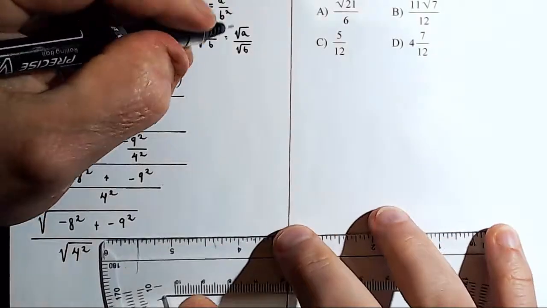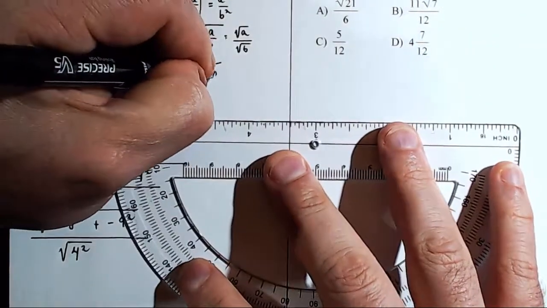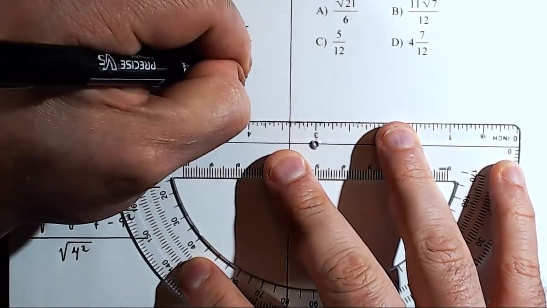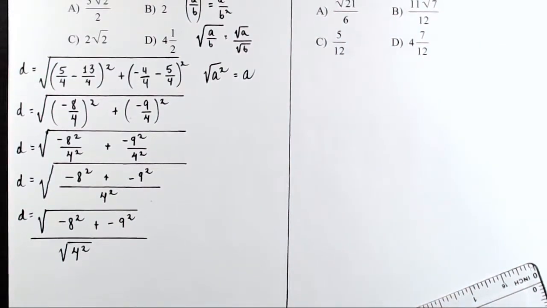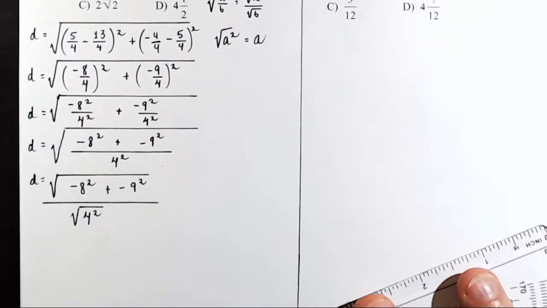And now I'll apply the rule that the square root of a squared is equal to a. We'll leave out plus or minus and just say it's equal to a. So the square root of 4 squared is just 4.